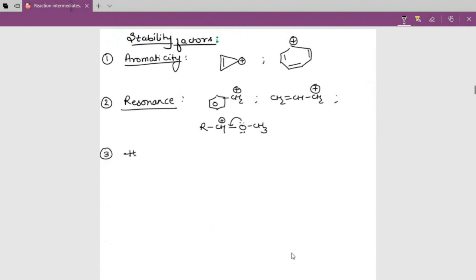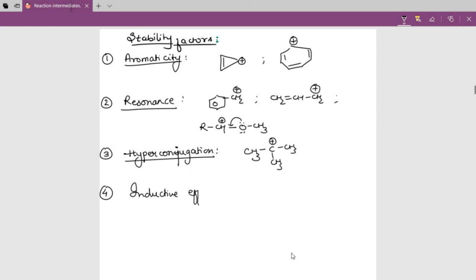Third, there will be hyperconjugation. The more hyperconjugation effect my carbocation gets, the more stable it will become. An example is CH3-C+-CH3-CH3. Fourth is the inductive effect.